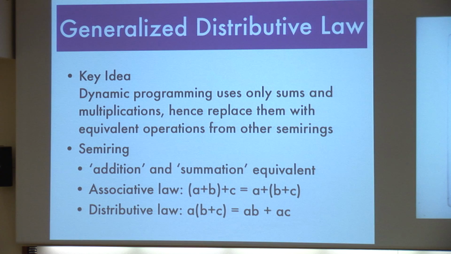Can somebody think of such a set of symbols? Anything else than plus and times? Can you speak up? Or and and. Pardon? Or and and. Yes. Perfect. Very good. That's the Boolean semi-ring.